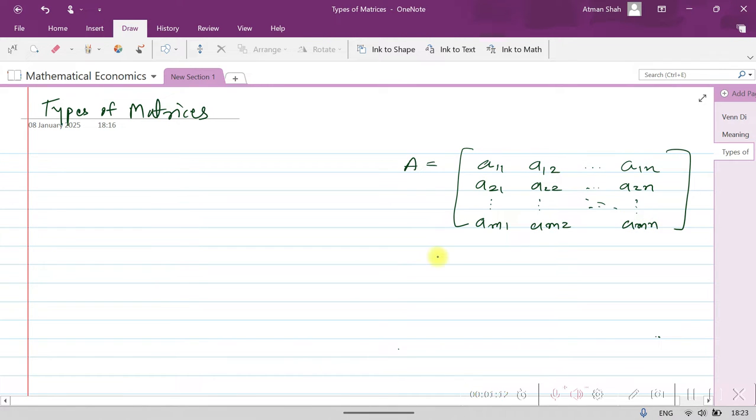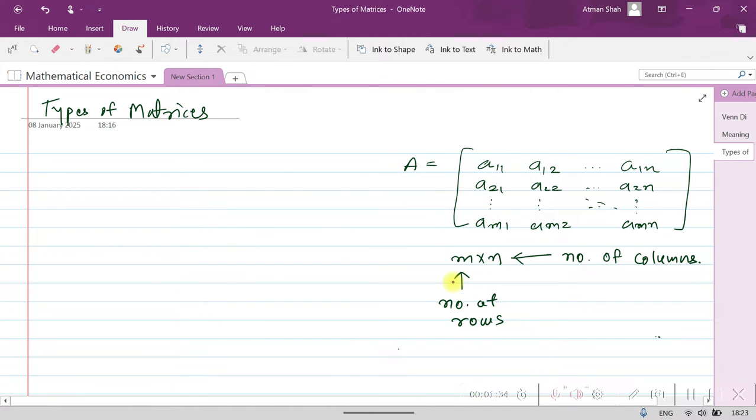And order of the matrix is M cross N. Here M is number of rows and N is number of columns.